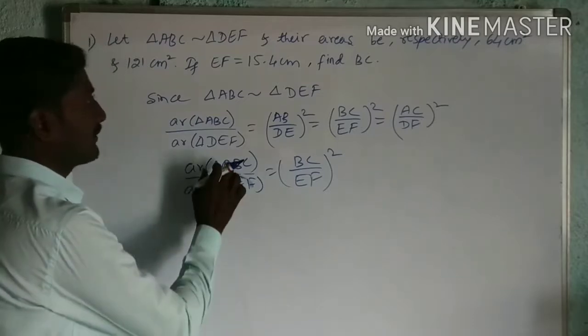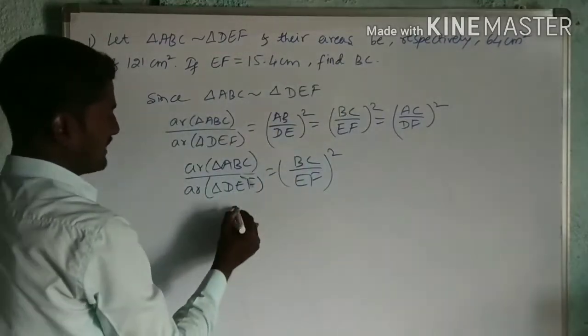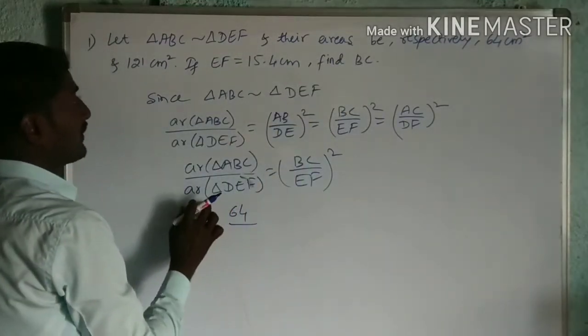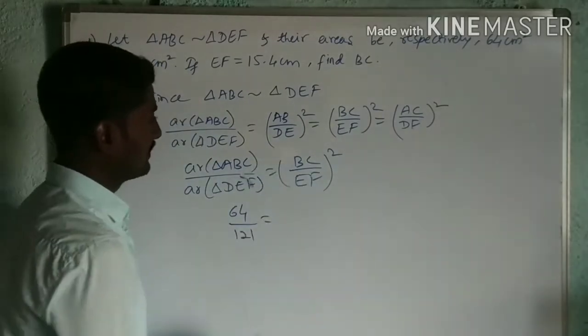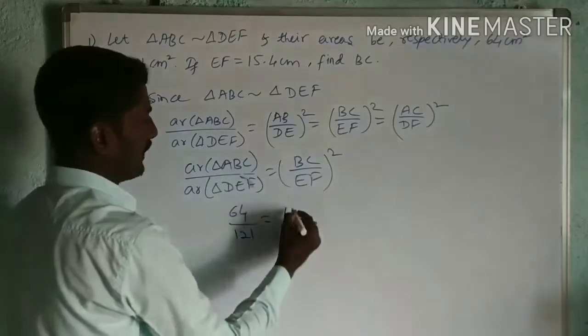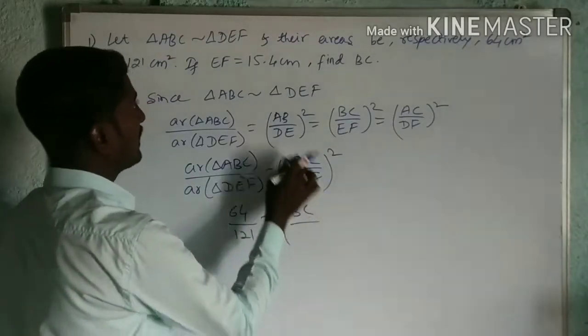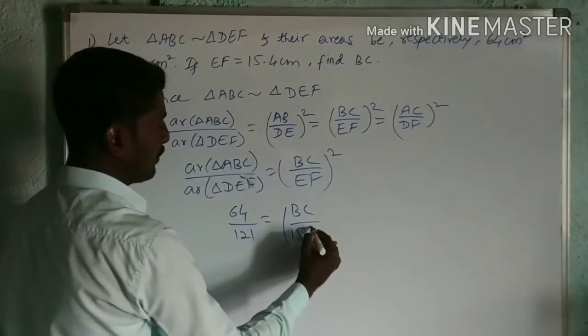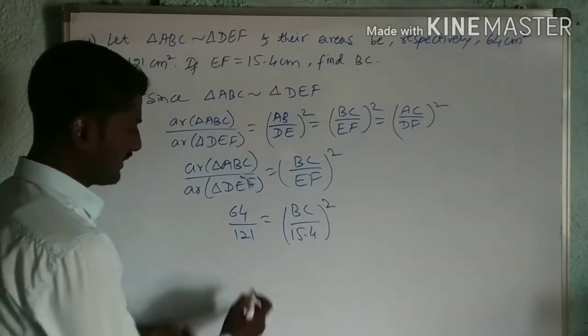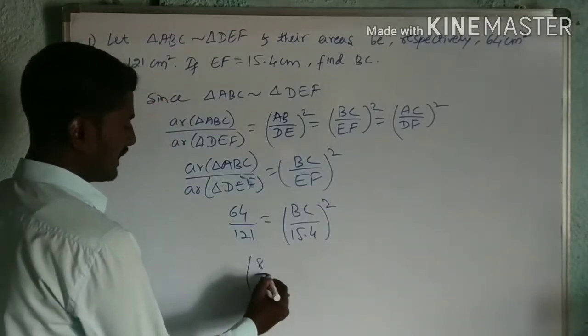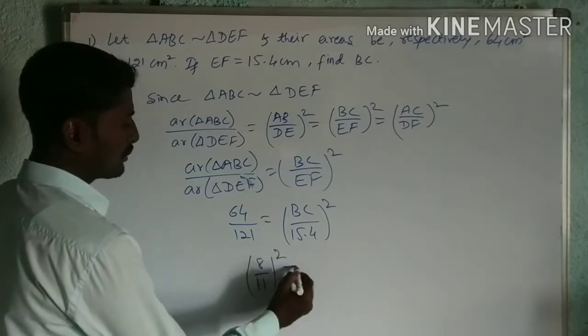Now substitute. Area of triangle ABC is 64, area of triangle DEF is 121. BC value we have to find, divided by EF, that is 15.4 whole square. And this I can write as 8 divided by 11 whole square.